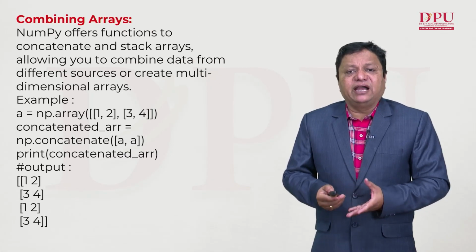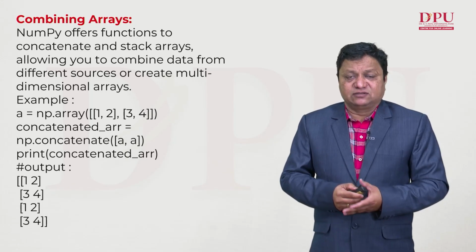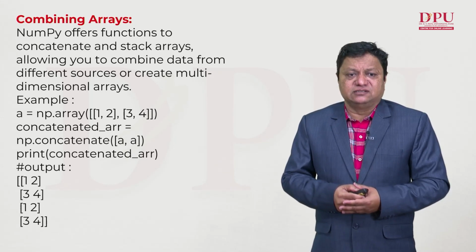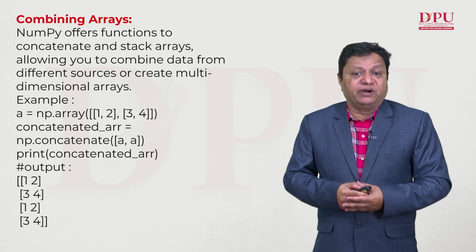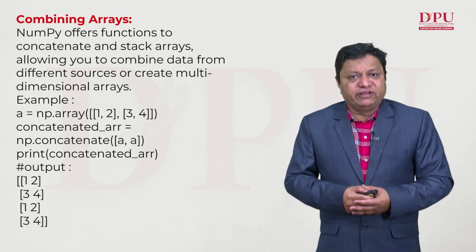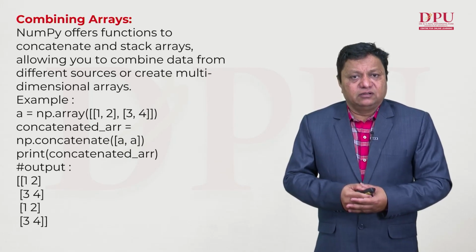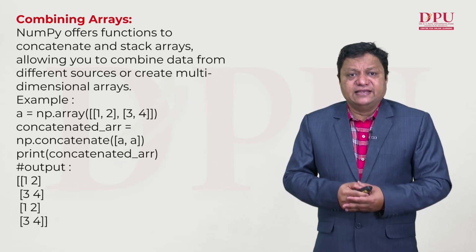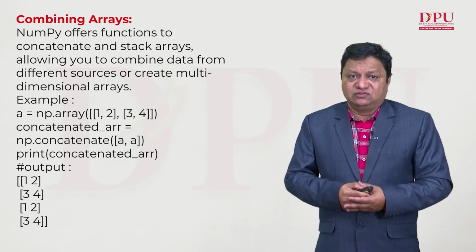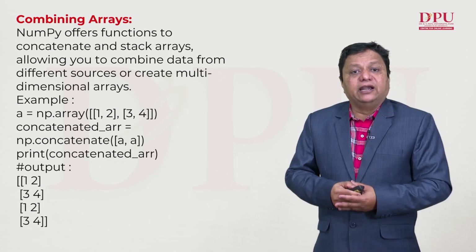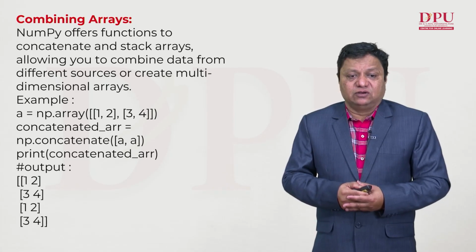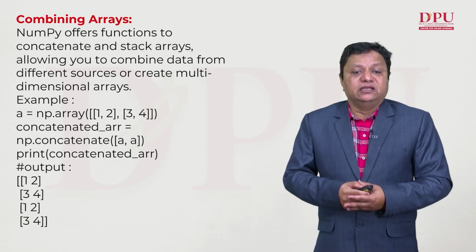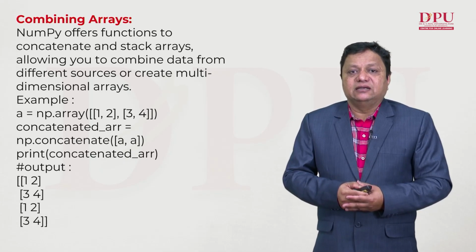Now, like I said, we can combine two arrays into a single array, that is concatenation. NumPy offers functions to concatenate and stack arrays, allowing you to combine data from different sources or create multi-dimensional arrays. For example, a is equal to np.array with the values 1, 2, 3, 4, and concatenated array is equal to np.concatenate, and in the bracket I specify the array name 2 times.